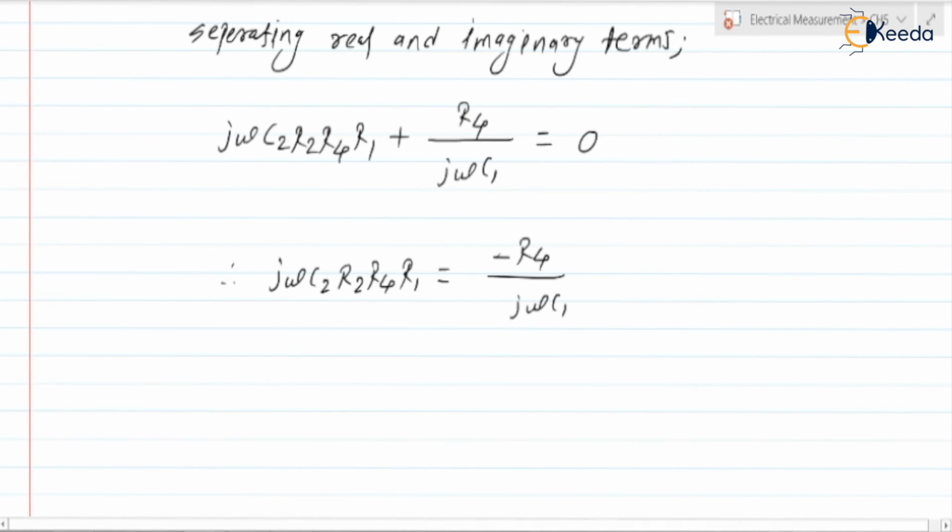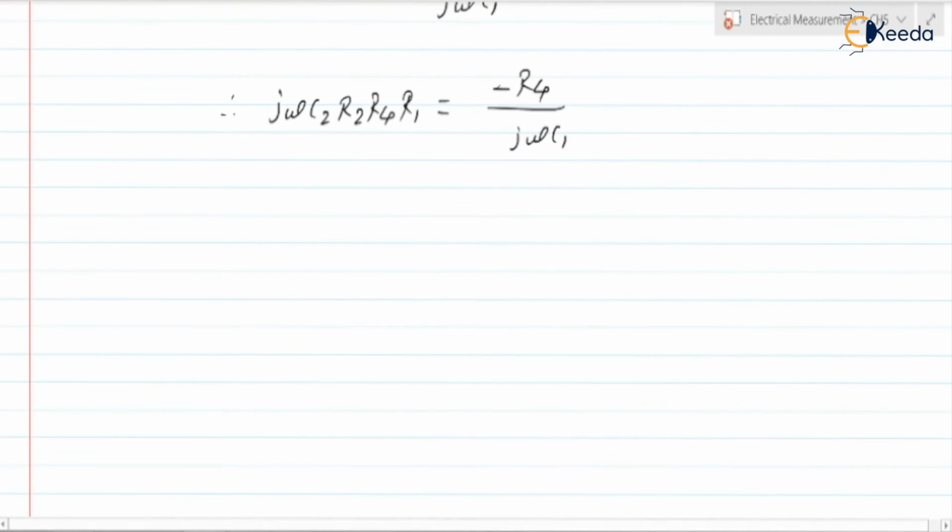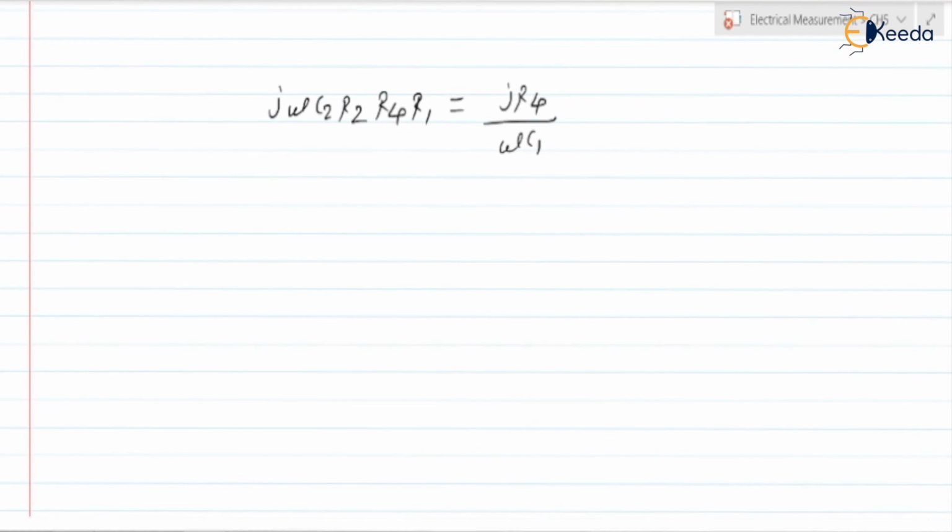Shifting the j to the numerator side, it becomes minus j. So j omega C2 R2 R4 R1 is equal to j R4 upon omega C1.